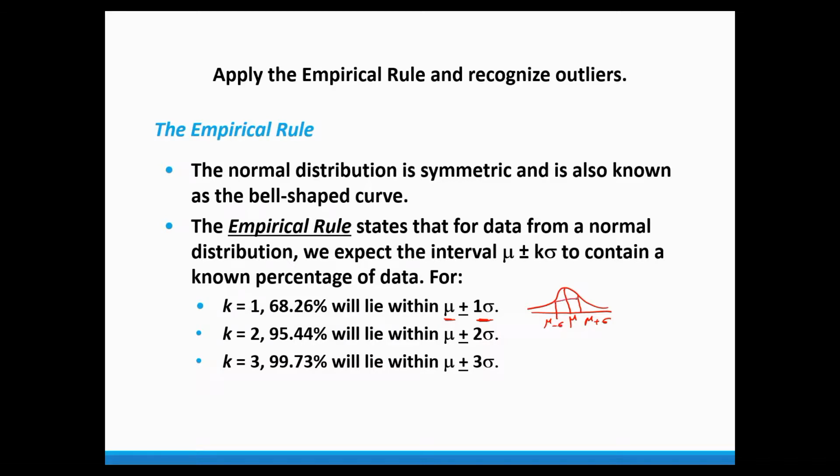So in the area between mu minus 1 sigma and mu plus 1 sigma, there are about 68% of our data observations. For k equals 2, about 95% will lie in the area mu plus or minus 2 sigma, and if k equals 3, about all the data is included within 3 sigma.